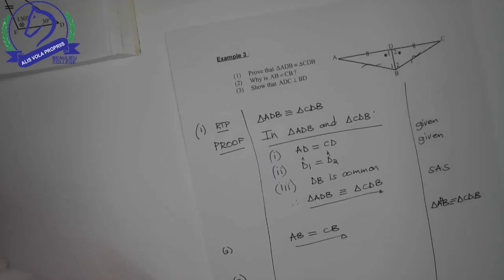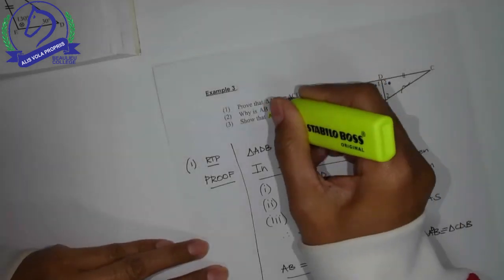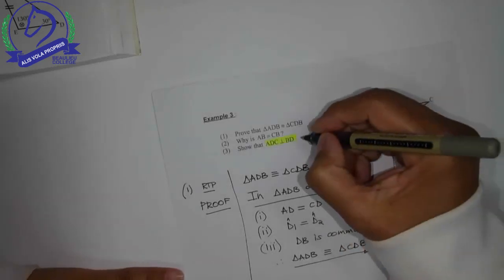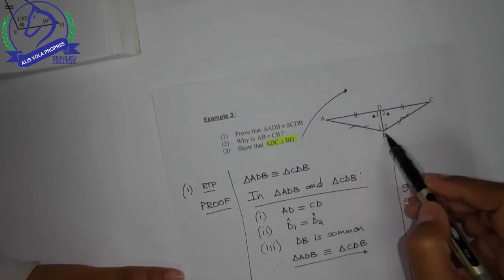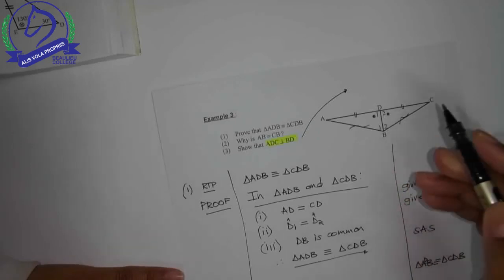Show that ADC is perpendicular to BD. There's a new word. Okay, first step. What does perpendicular mean? So in other words, we need to show that this here is a right angle, D1 and D2.